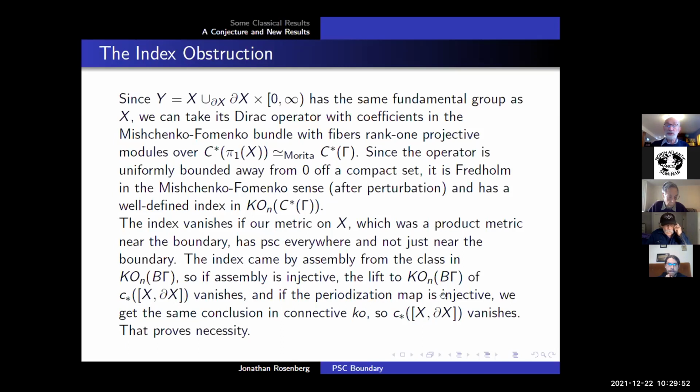And so if the periodization map is injective, we get the conclusion in little ko and not just in capital KO, and therefore this thing vanishes. So that's the proof of necessity. So you notice we're using basically the Gromov-Lawson relative index theorem, but sort of souped up to the Mishchenko-Fomenko setting. And so this is the non-commutative geometry component of the proof.